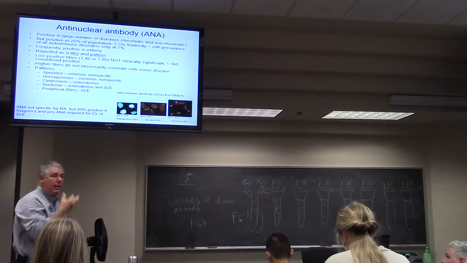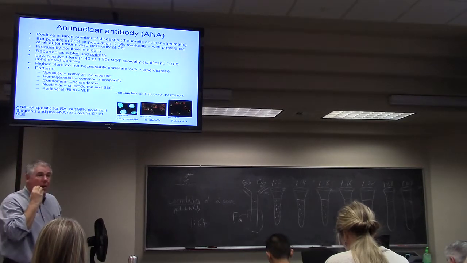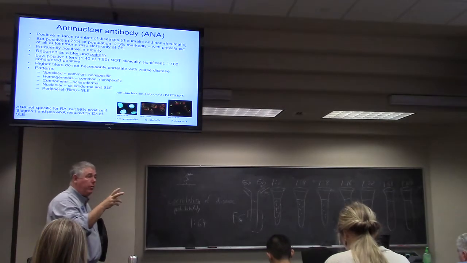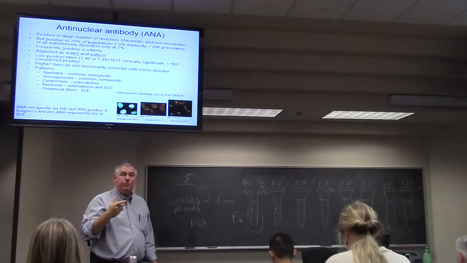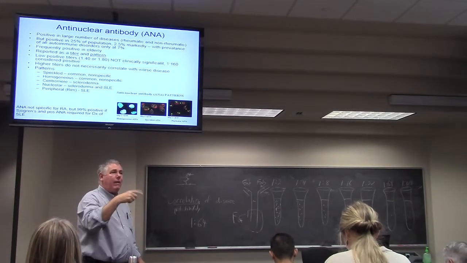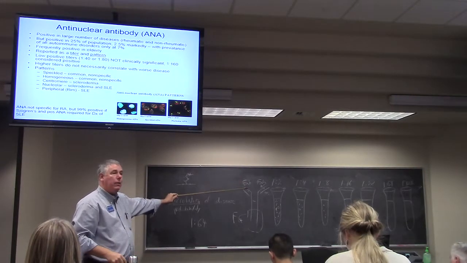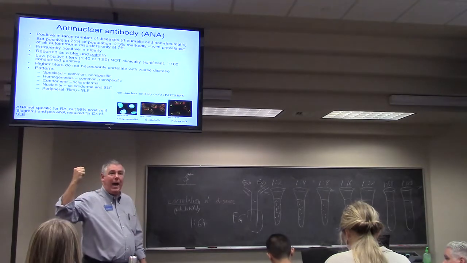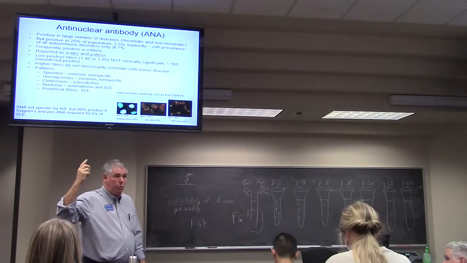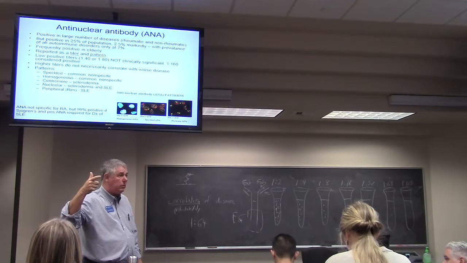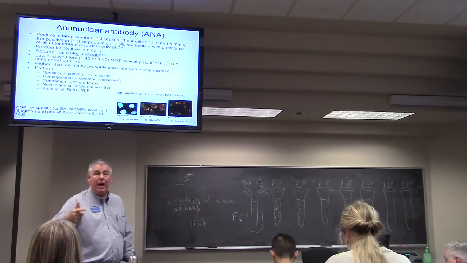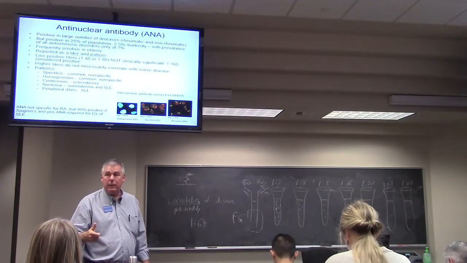So if you came in with a rash, you're a young woman, you came in with a rash, you have a high titer and a nucleolar pattern, you probably have lupus. The likelihood that you have lupus is quite high.